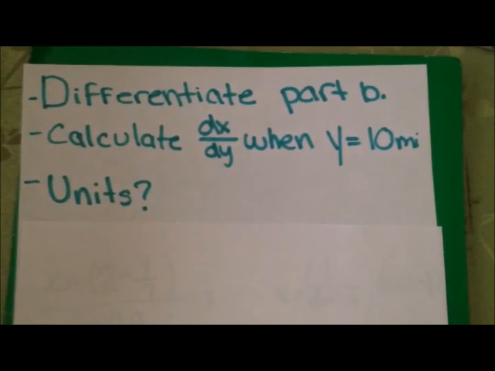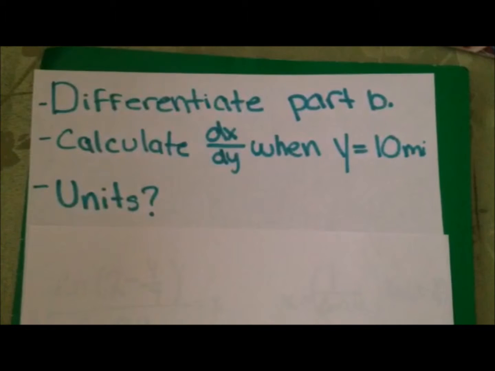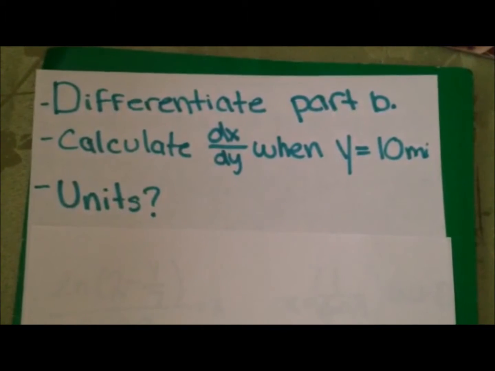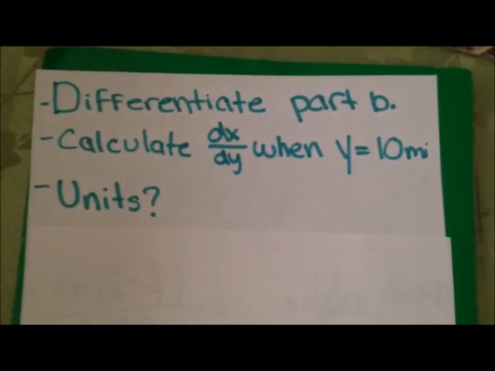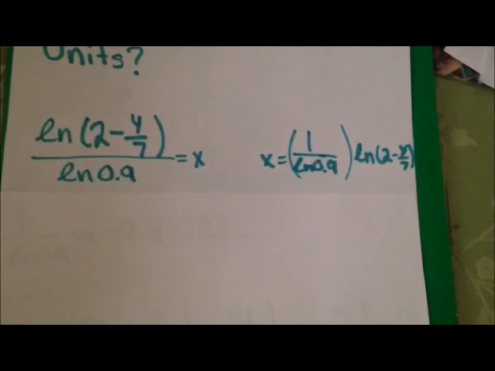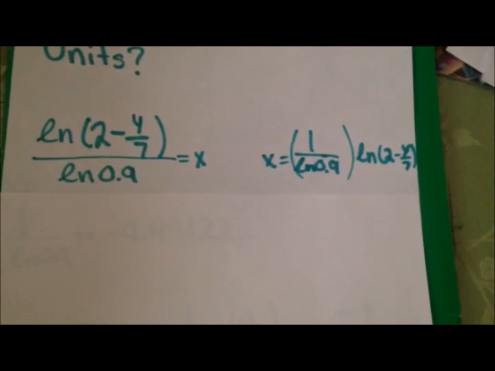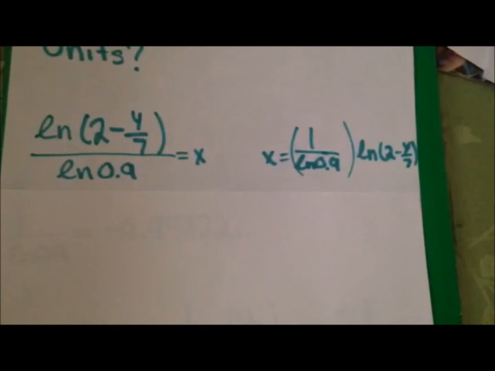For part C, in number 27, it's asking you to differentiate part B. And then after that, you have to calculate dx over dy when y equals 10 miles. And finally, it asks you what the units of this problem are. So in part B, you got ln of 2 minus y over 7 divided by ln of 0.9 equals x.